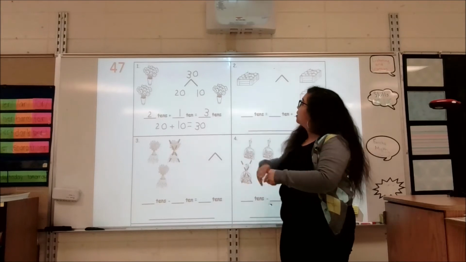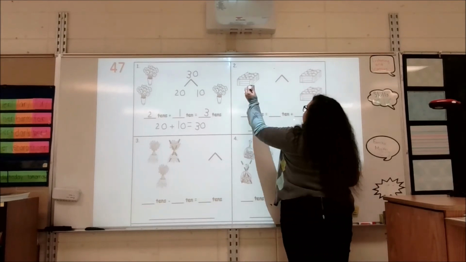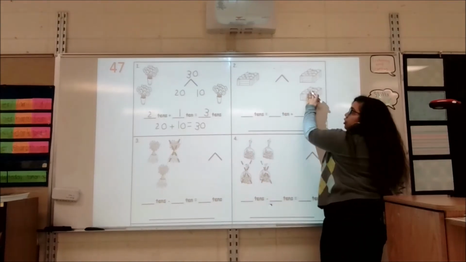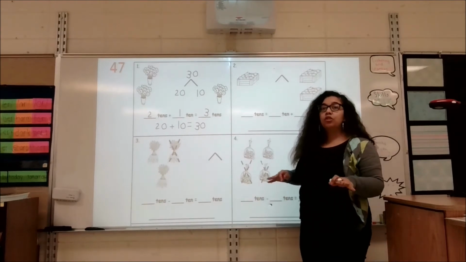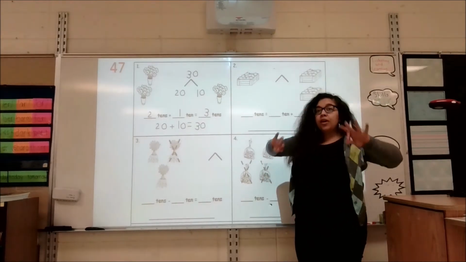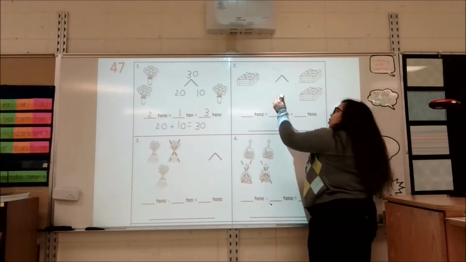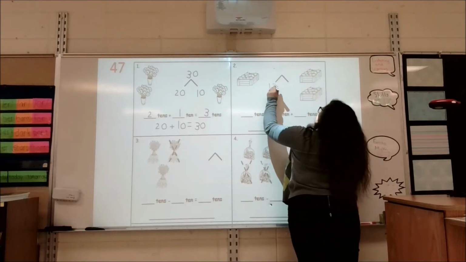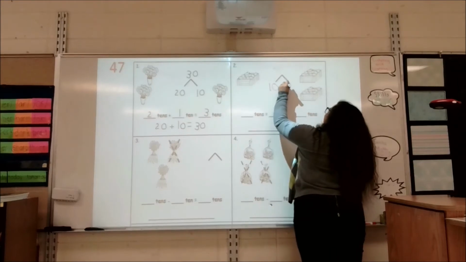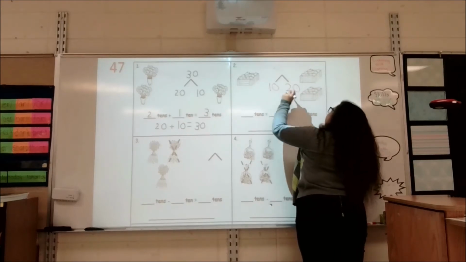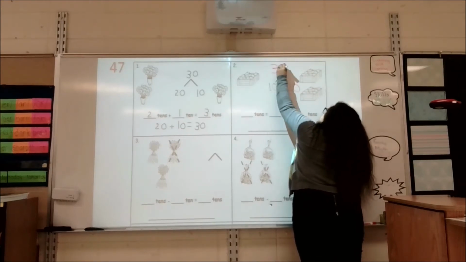So that means 1 ten and 2 tens is equal to 3 tens. Excellent. Now, let's take a close look.